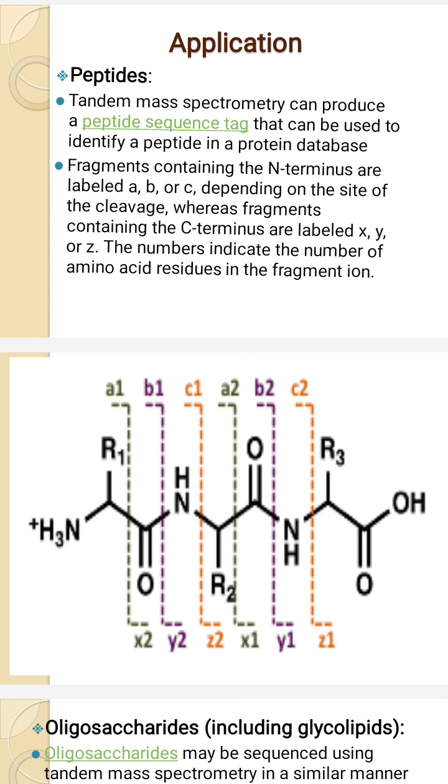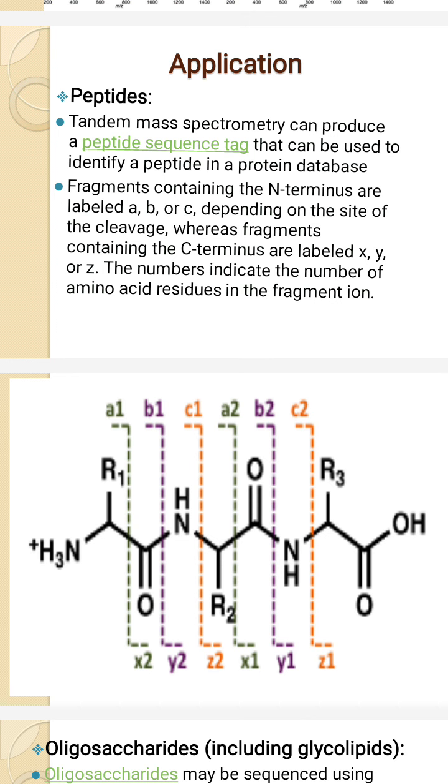Application. Peptides. Tandem mass spectrometry can produce a peptide sequence tag that can be used to identify a peptide in a protein database. When intact proteins are introduced to a mass analyzer, it is called top-down proteomics. When proteins are digested into smaller peptides and subsequently introduced into the MS, it is called bottom-up proteomics.